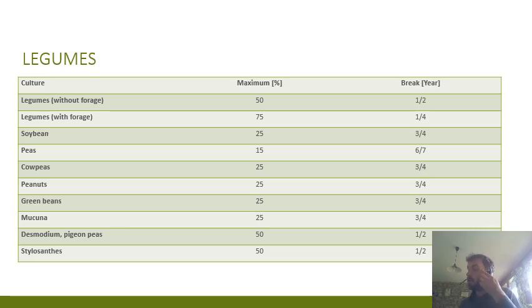Of course these are recommendations, and when you plan your rotation, it's really difficult to follow all these rules. I think it is really essential to follow the rules about the family, so you should really not plant the same family every year. But sometimes it's difficult to respect, like if you produce pea, to produce it once out of 7 years can be really difficult.